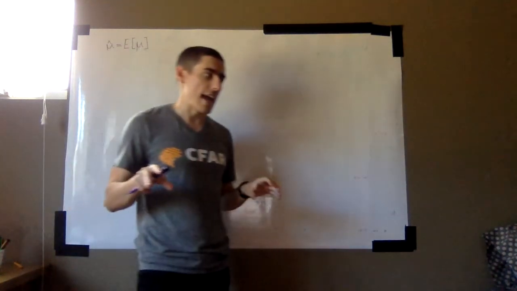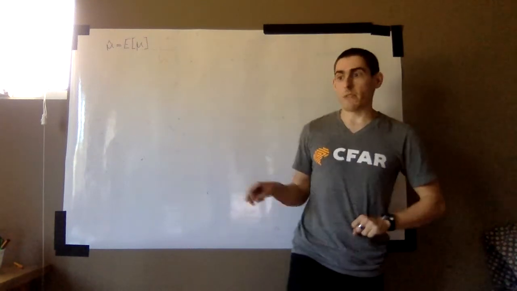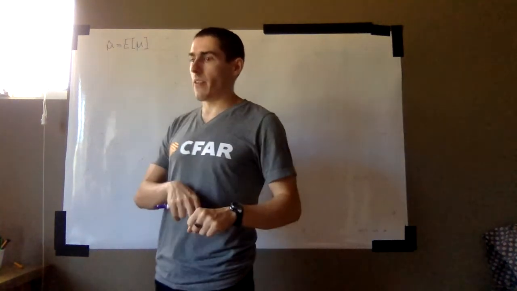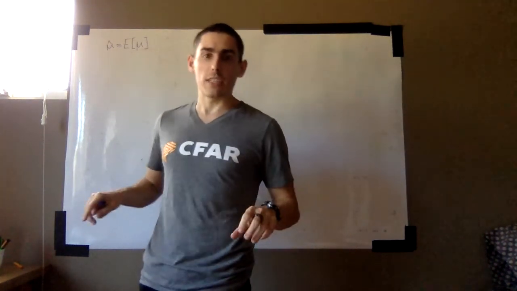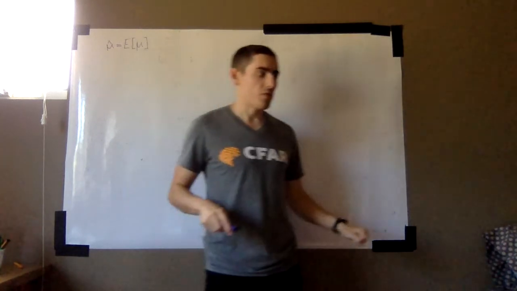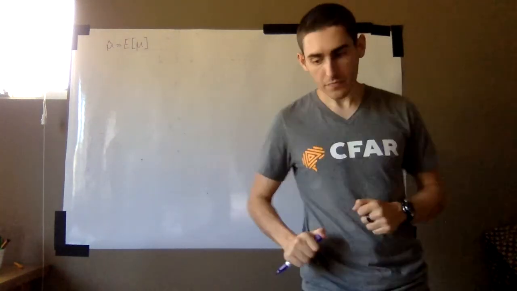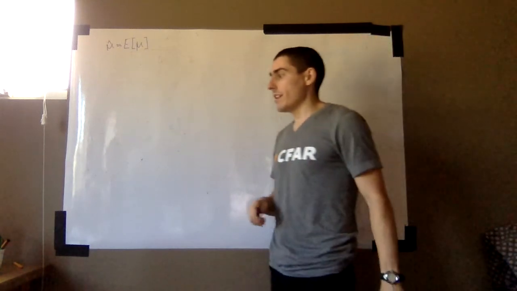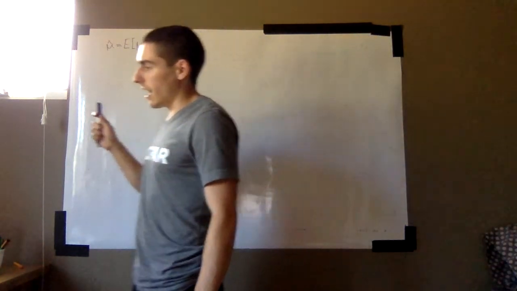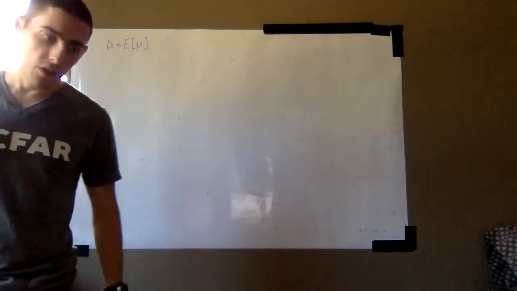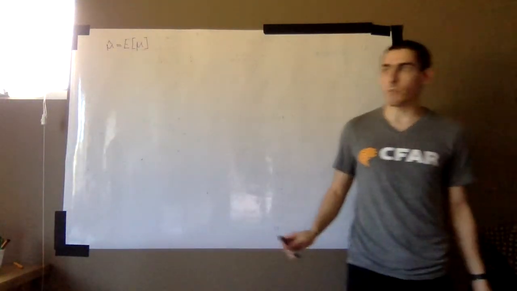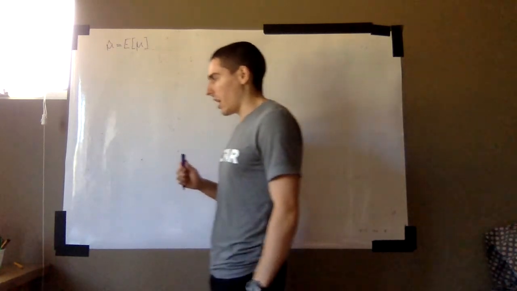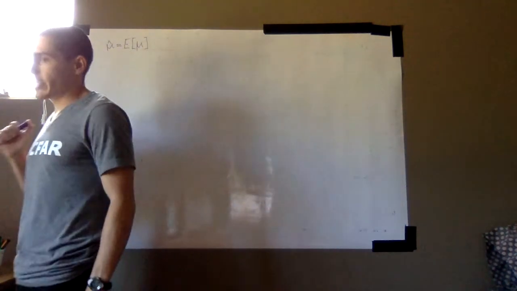This would give us a new distribution, which would be the distribution of the means of the samples from this population. And we know that the mean of those means, the mean of the sample means, would be equal to the population mean.